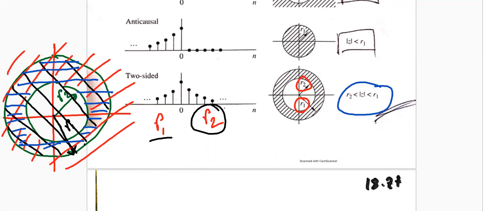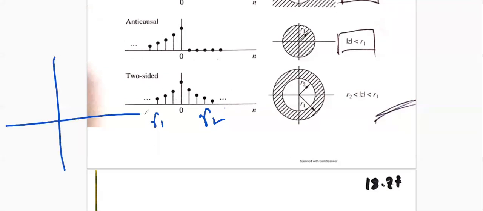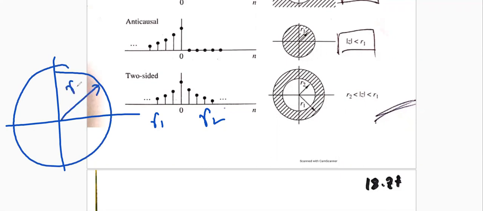Sometimes it may happen that this R1 is less than R2, in that case, you don't get any solution. For example, if this is R2 and this is R1. We have R2, and the solution is more than this.